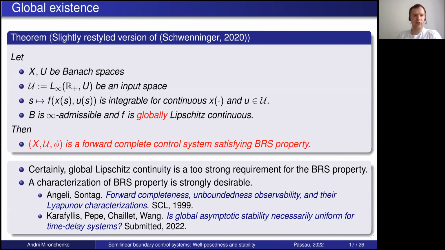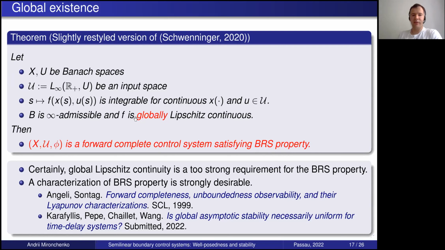Here I just give a slightly restyled version of the theorem by Felix Schwenninger, which was published two years ago. If we assume everything I assumed previously, but F is globally Lipschitz continuous, then we actually have a forward complete control system satisfying the boundedness of reachability sets property.